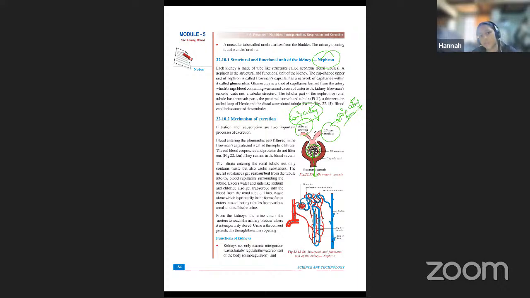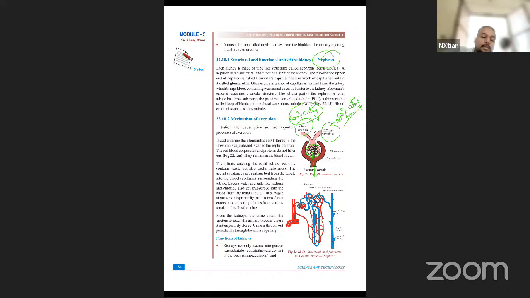The Bowman's capsule leads into a tubular structure. The tubular part of the nephron, or renal tubule, has three subparts: the proximal convoluted tubule (PCT), a thinner tube called the loop of Henle, and the distal convoluted tubule (DCT). Blood capillaries surround these tubules.